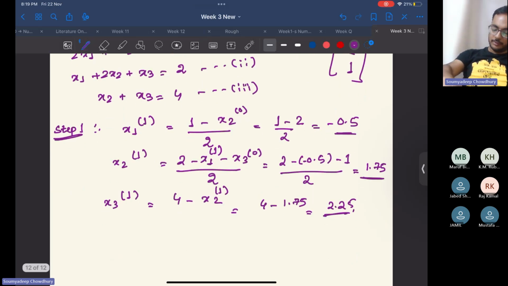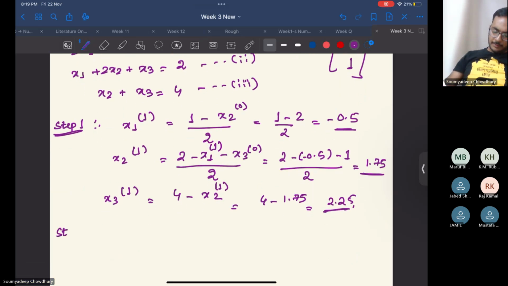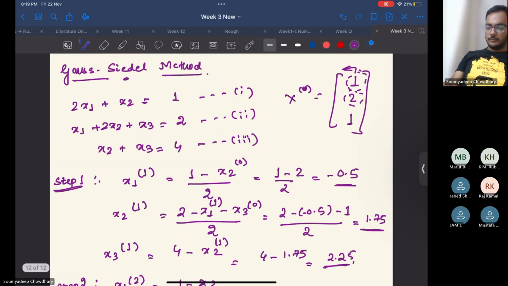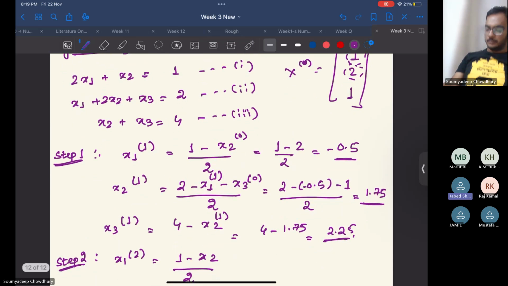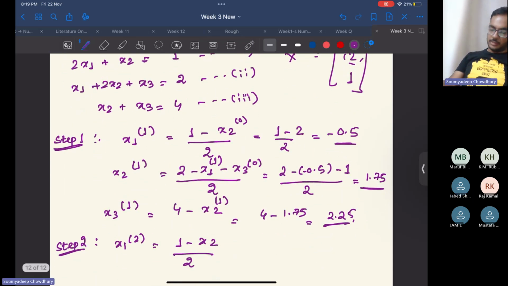So you may ask me the question why we are updating the values. Okay, one more step I'll do, then I'll explain. Can you tell me what will be x1 of 2? Which value of x2 should I use? Sir, x2 of 1. Yeah, so it is 1.75, right?